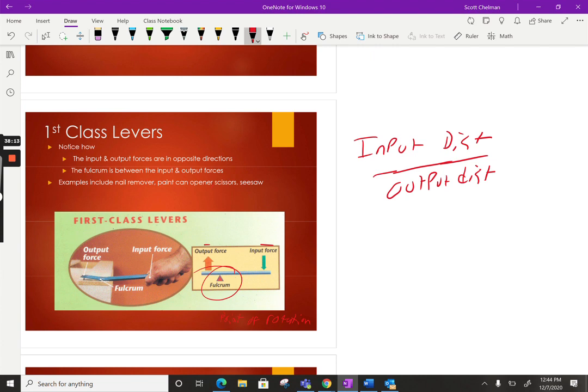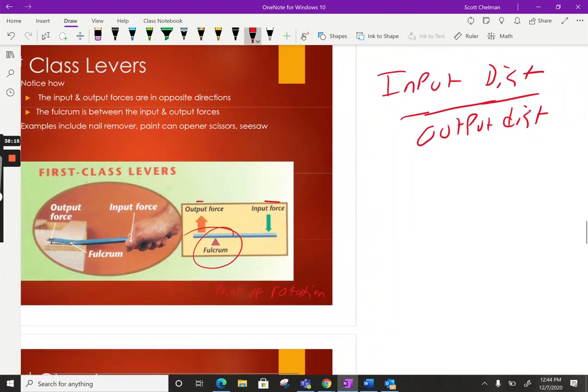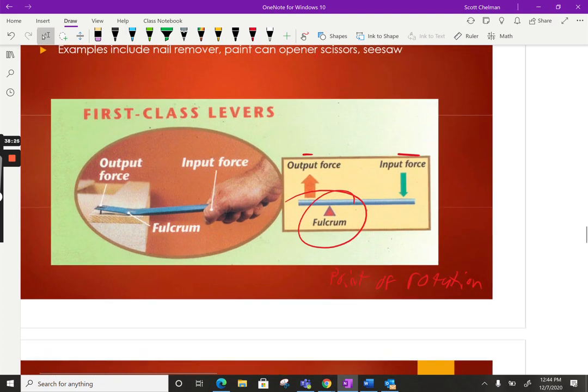In all cases, if we want to increase the mechanical advantage, we've got to increase the input and decrease the output distance. So, if we want a good first class lever, we want the fulcrum as close to the output as we can, and we want a nice long arm for the input.